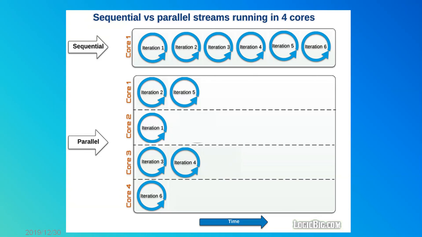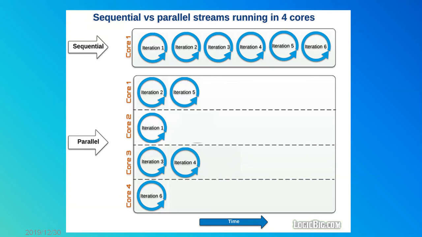But take a look at the second one, which is the parallel stream. It has 4 processors in it. Each processor takes care of a few elements. Processor 1 is taking care of 2 and 5, and processor 2 is taking 1. It is up to the availability of your system configuration.